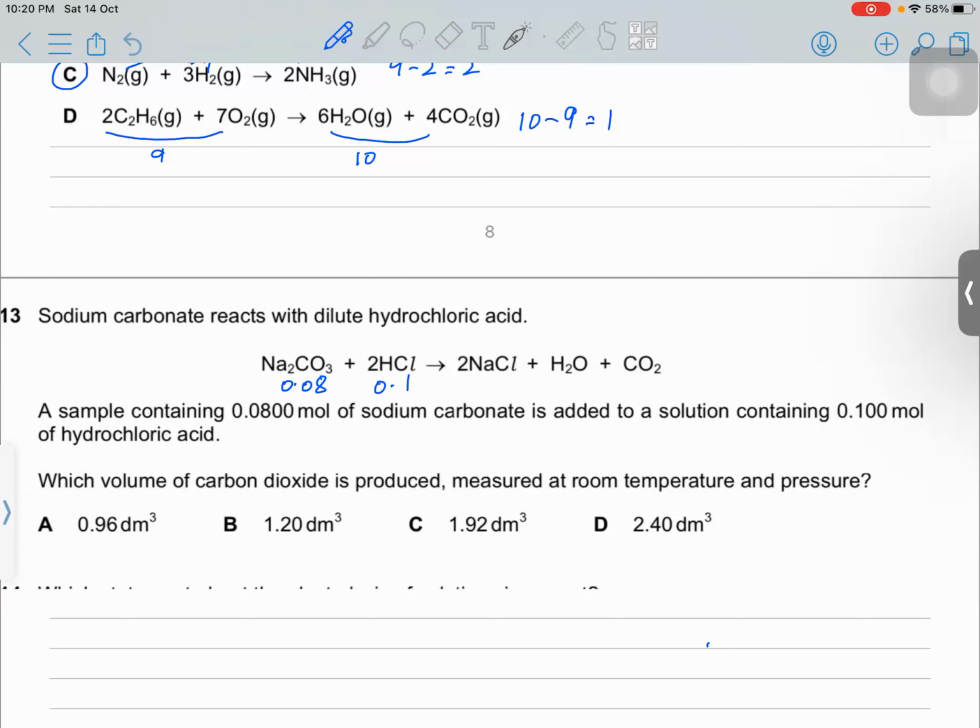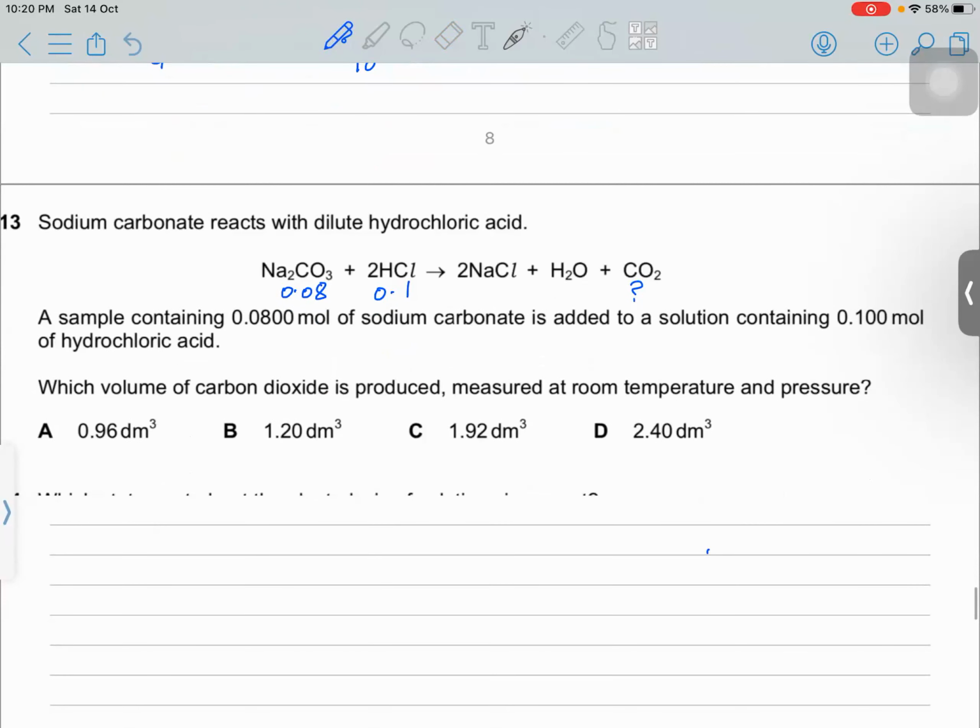Which volume of carbon dioxide is produced? The question is that, right? Now, which one is the limiting reactant? Na2CO3? We don't know. So first, find the mole of carbon dioxide.